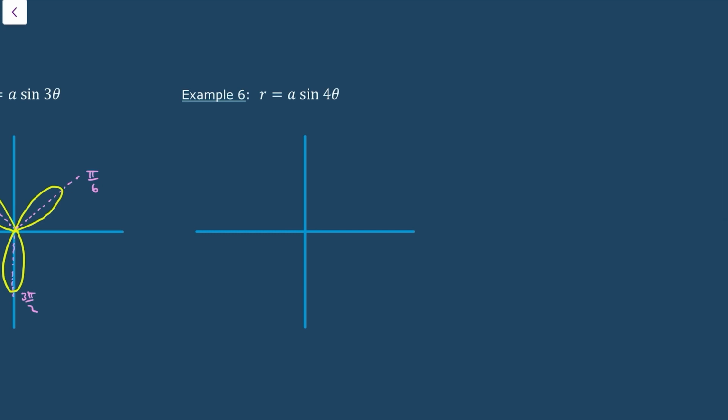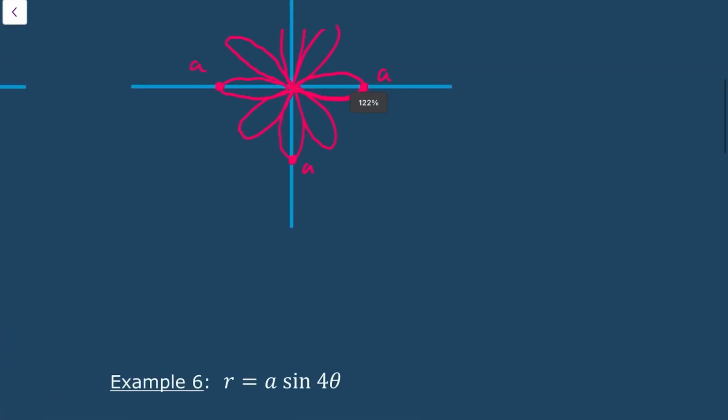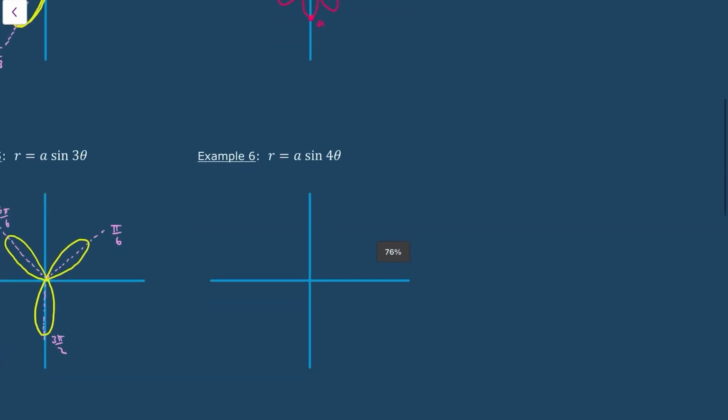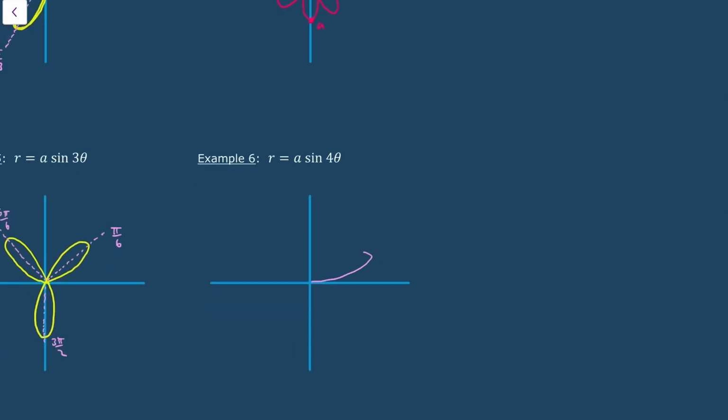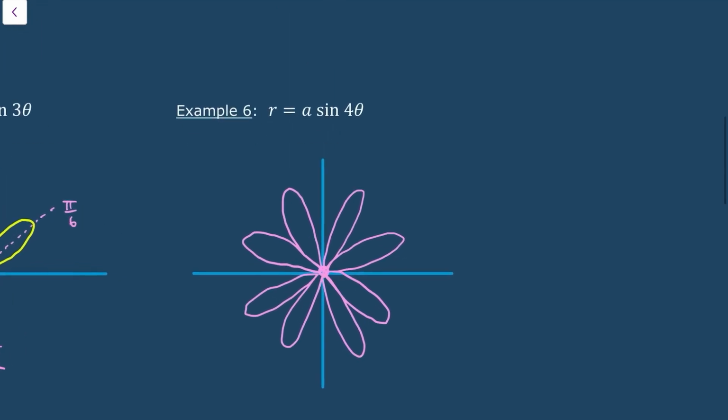And then if we look at a sine 4 theta, an even number, so I'm going to have 8 petals, but instead of starting on the initial line, it is going to look like this. Again, not a great drawing, but the best I can do with this diagram.